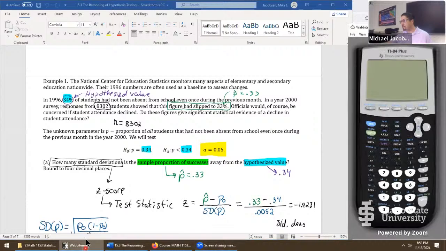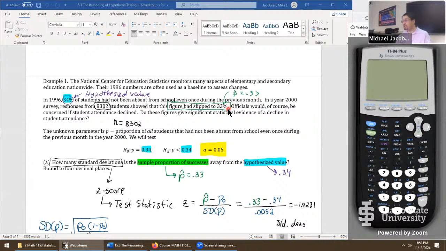In example 1, we're looking at a problem that has to do with the National Center for Education Statistics. They are telling us that in 1996, 34% of the students had not been absent from school even once in the previous month. But then they took a survey of 8,302 students, and this is in year 2000, so 4 years later, and found that that proportion slipped down to 33%.